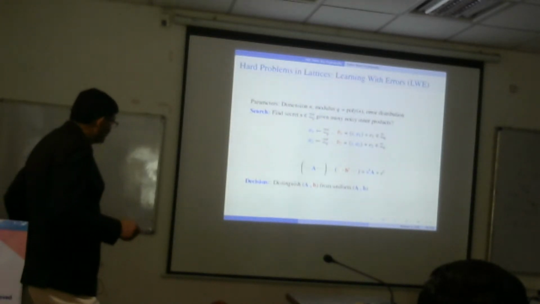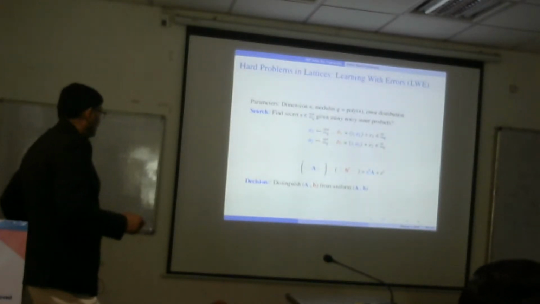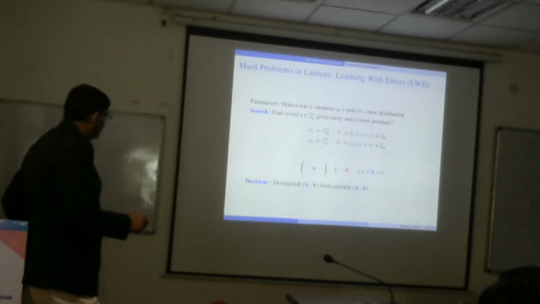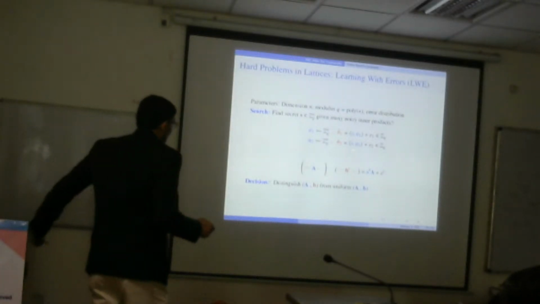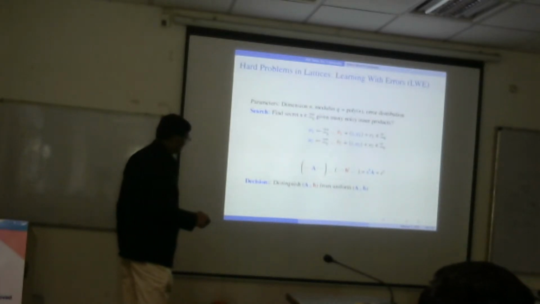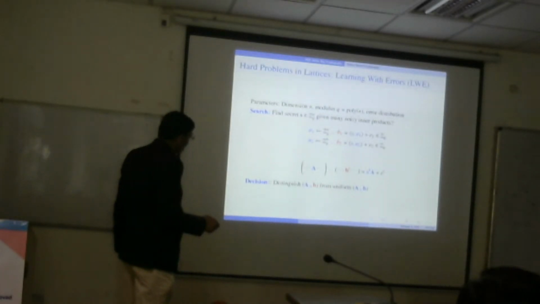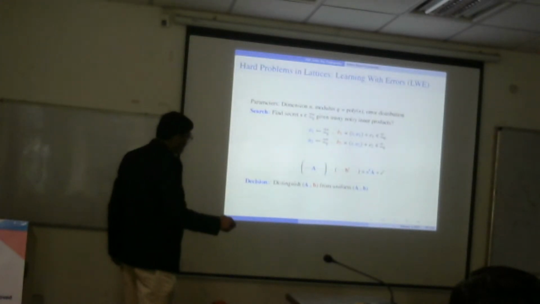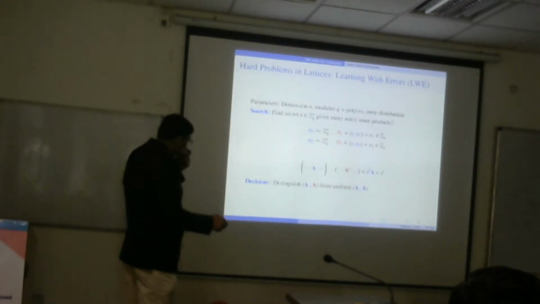So now what we are getting here is, A1 equals the inner product of S and A1, B1 equals this. So here we have a matrix A, and B is this second part. B is nothing but S times A, and we have introduced the error. If you remove the error, then we can find the solution.